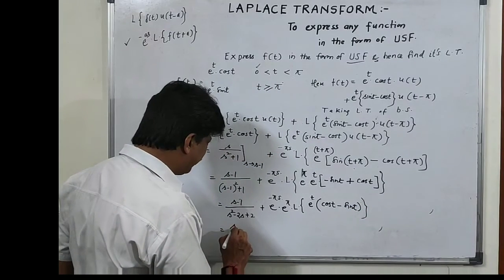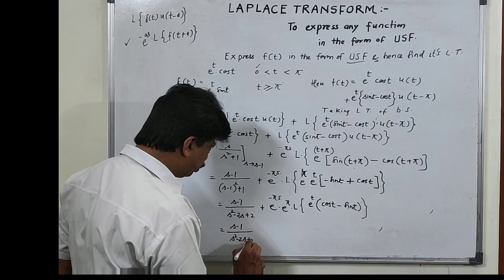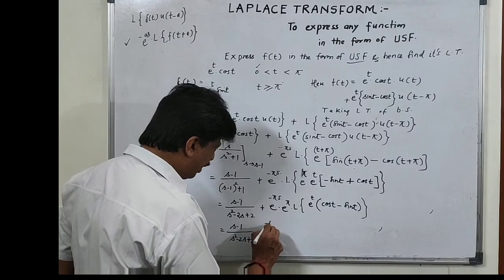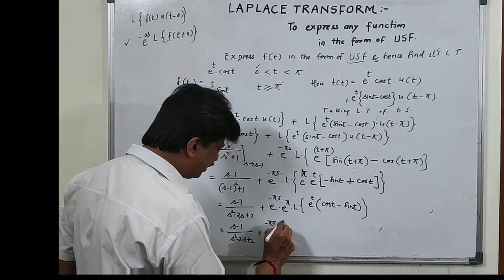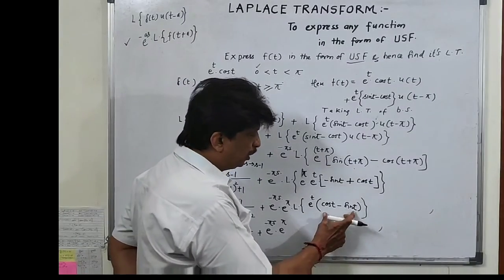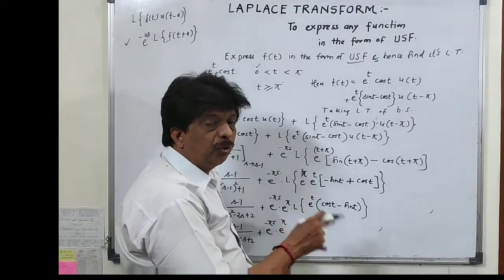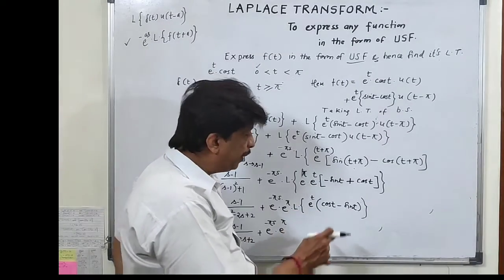So it is further equal to s minus 1 upon s square minus 2s plus 2, plus e raised to power minus pi s into e raised to power pi. Again, this function is multiplied by e raised to power t. I am going to use the first shift property here.